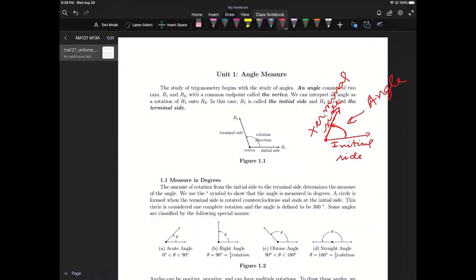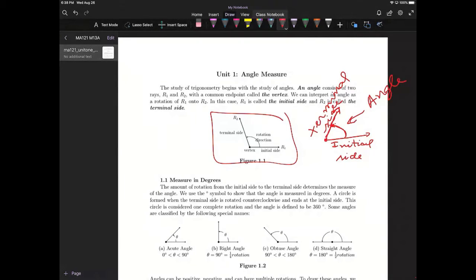Now, you see here that the textbook shows you a very nice picture in a different orientation. Notice that the initial side is sitting like on a tabletop, right? It's horizontal. And I didn't do mine horizontal, meaning it's up to the person to draw that angle in any position they want. But that's not very ideal, because if we are discussing angle measurements, we need to have a certain standard. So what we're going to get to is what's called the standard position for angles.